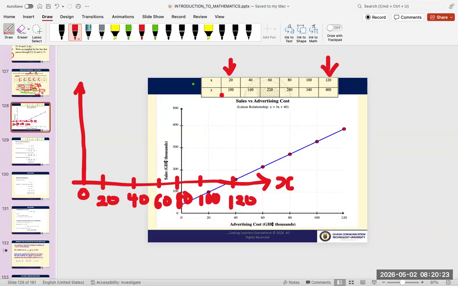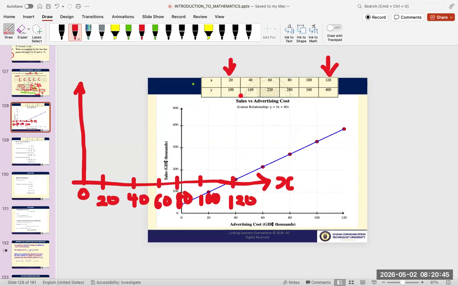And then when you come to your y, you have 100, 160, 220, 280, 340, 400. These ones are bigger than the first one. The first one, you could see that the differences are 20, 20, 20. So it was easier for us.